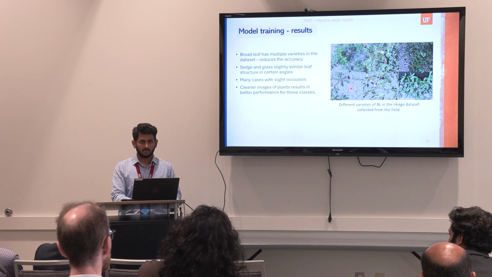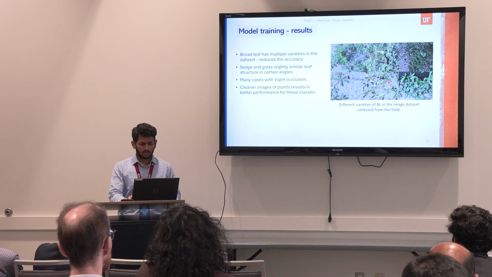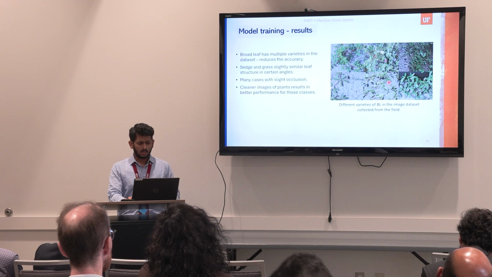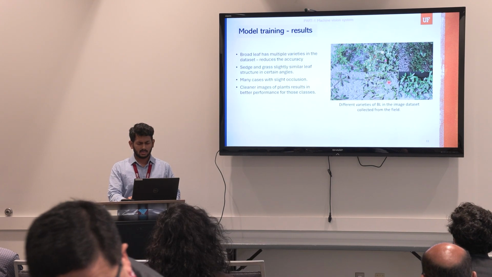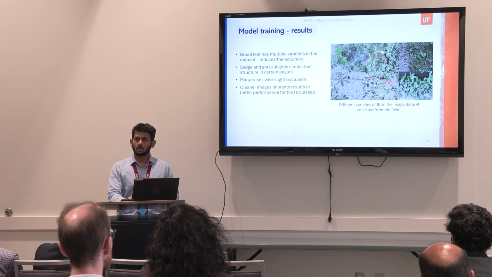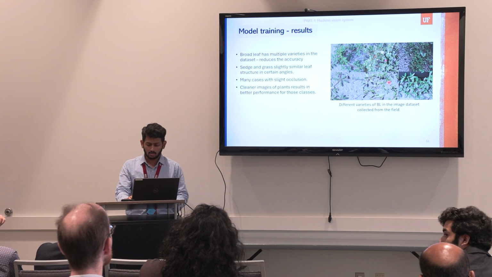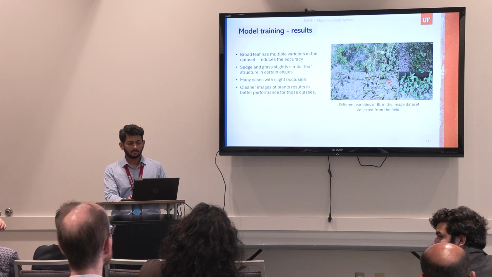So again, you have to find a fine balance for this. Because of this large variety of broadleaf, the performance came down. Sedge and grass also had a little bit of an issue because of similar leaf structures. However, the performance was acceptable, I would say.